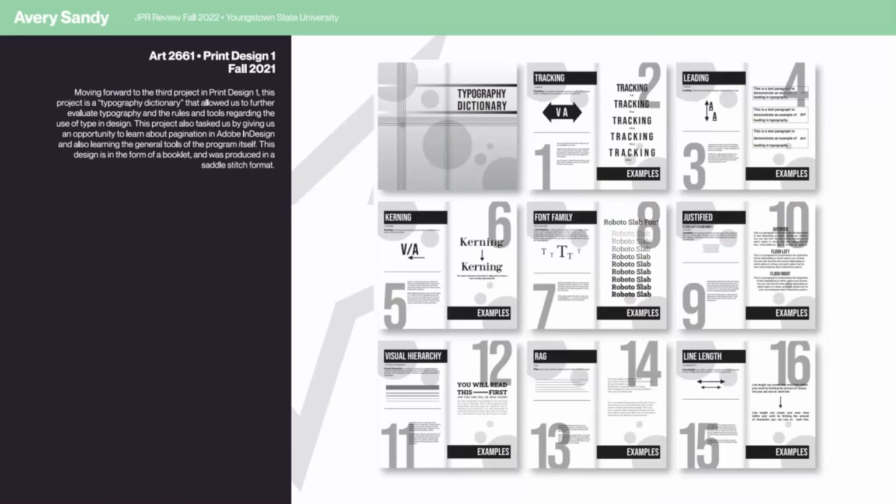This is project 3 in Print Design 1, which we had to create a typography dictionary and sort of all the rules and tools that kind of go along with using type.